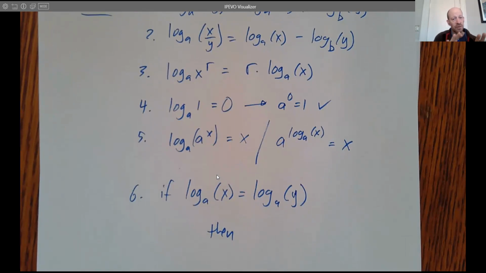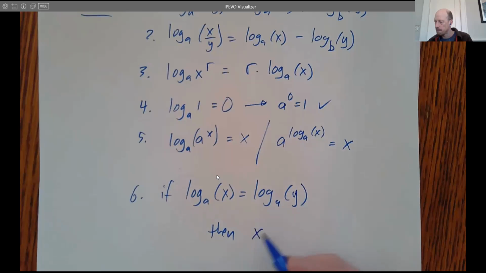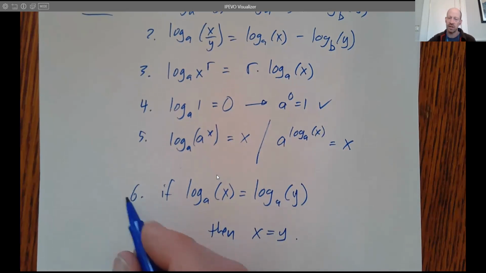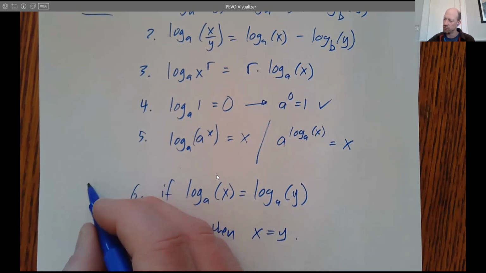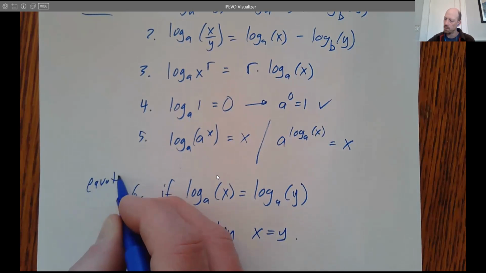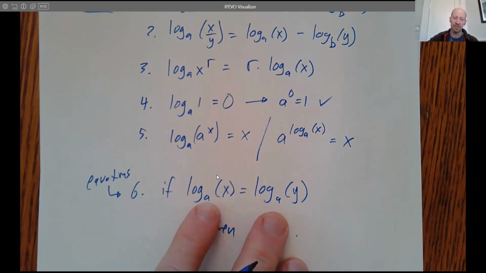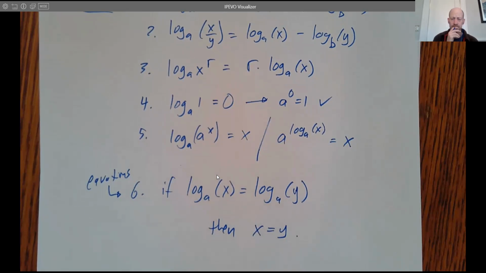If the logarithms are the same, then the inputs have to be equal to one another. So this is a good strategy for solving equations, because it gets rid of the logarithm. You don't love the logarithms there. This gets rid of those.